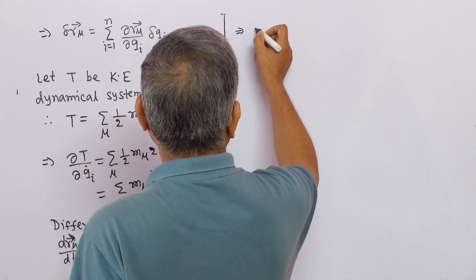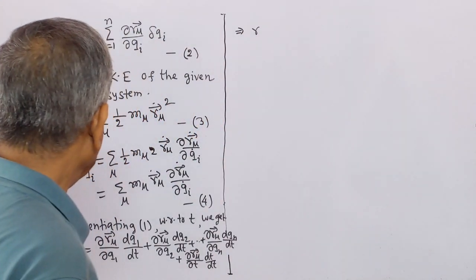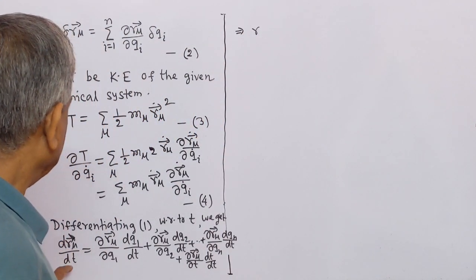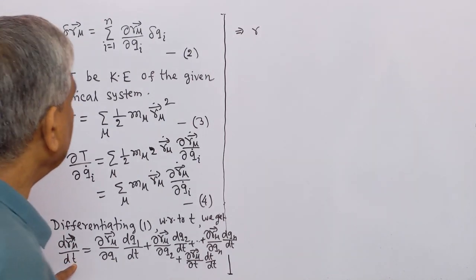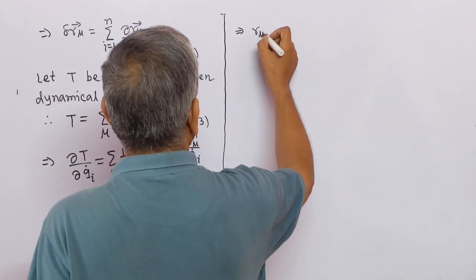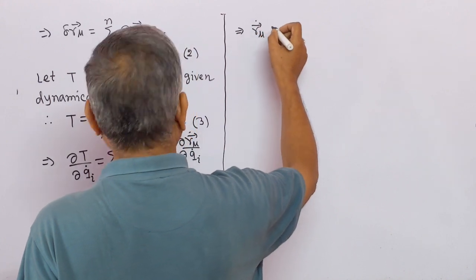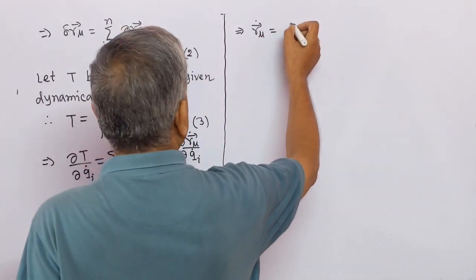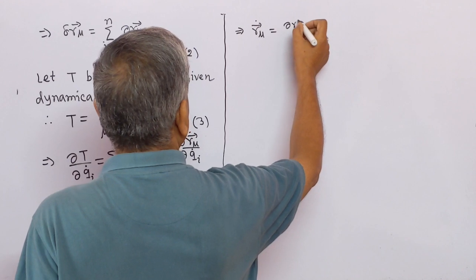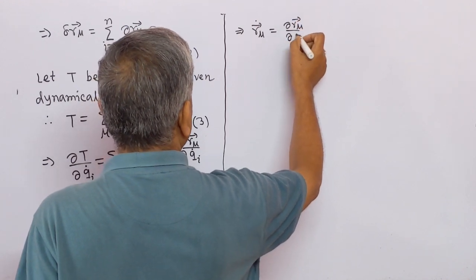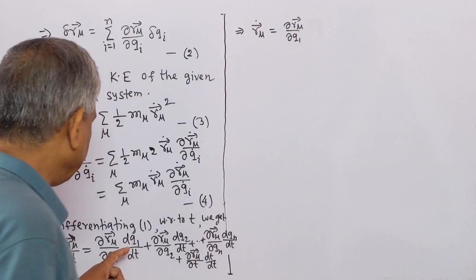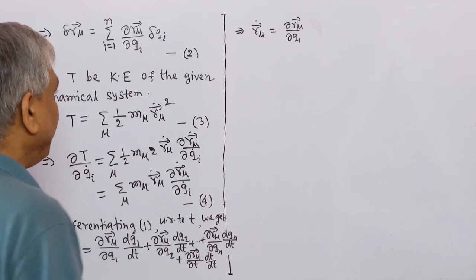This implies that the left side is r mu dot, differentiation with respect to t, and r mu dot is equal to the partial derivative of r mu vector with respect to q1. Here dq1 by dt is q1 dot.